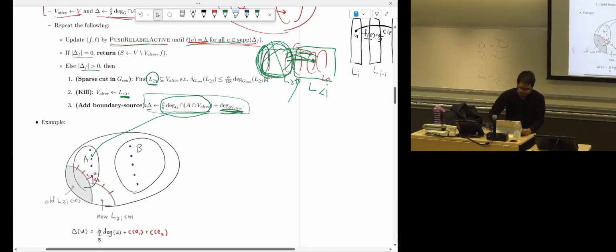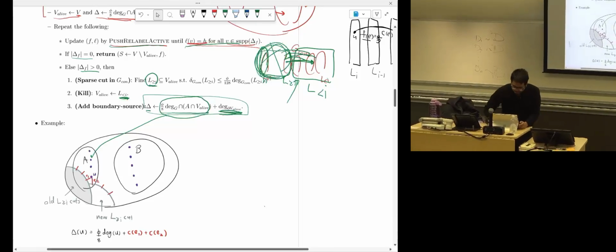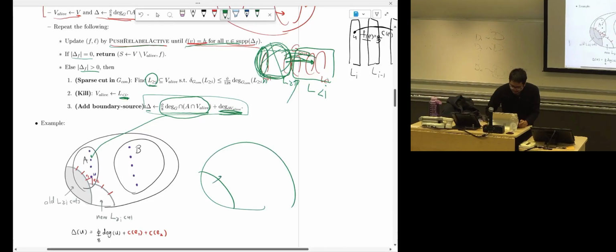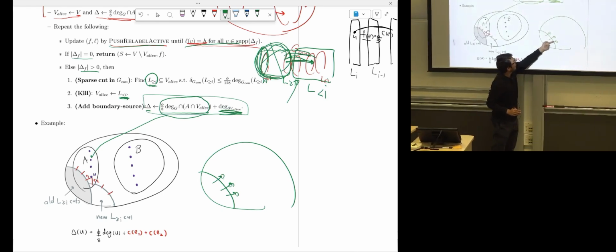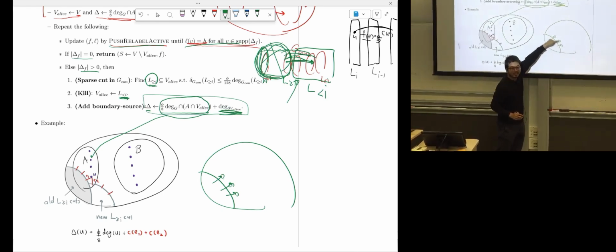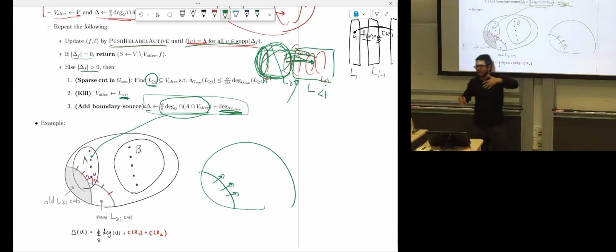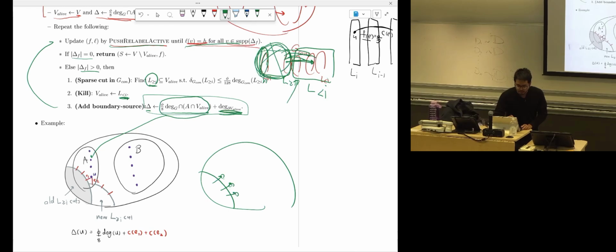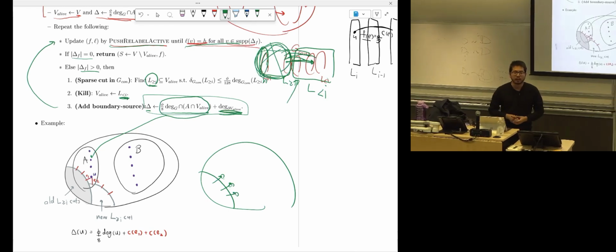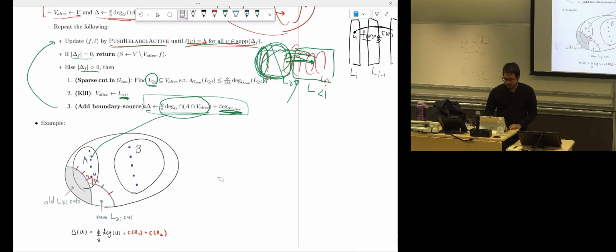So that's the algorithm. When you cut, think of it like you inject new flow along the cut edges. For every cut edge, you just inject new flow equal to the capacity of each edge. And then continue. Continue again, try to push flow after that. And suppose that I succeed. Suppose that after making this cut, I succeed.